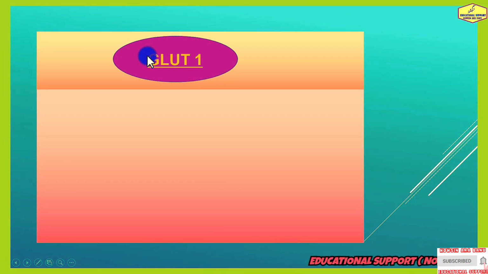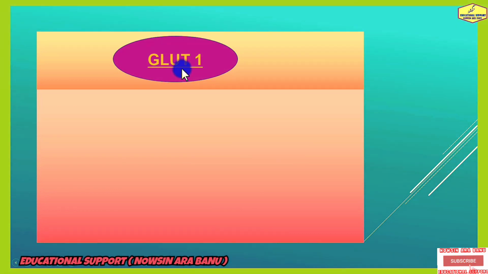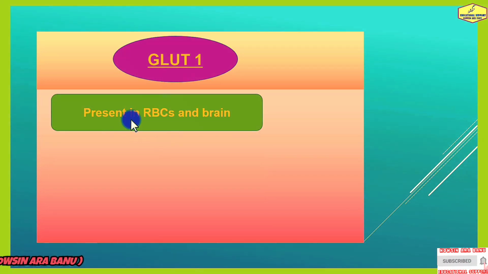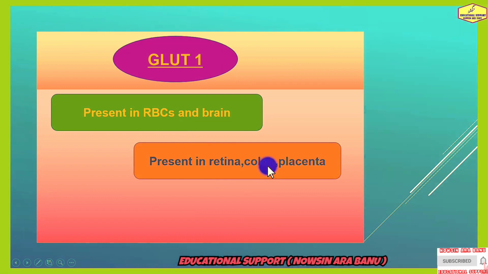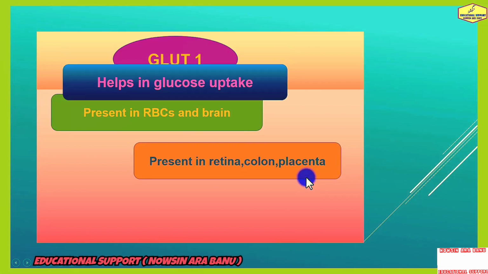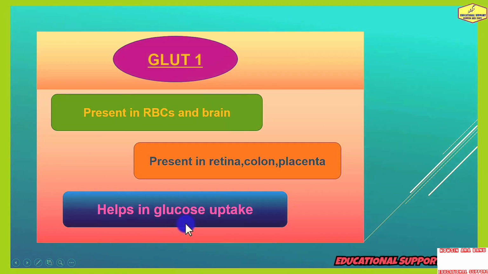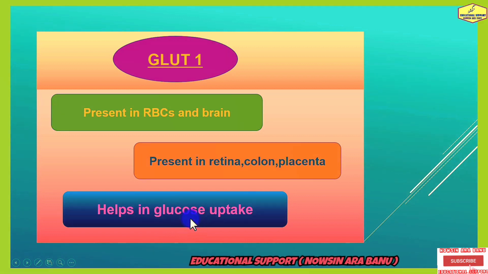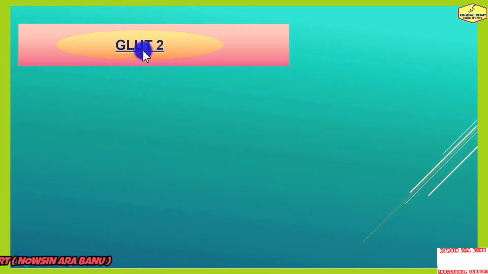Now, we are going to discuss GLUT1. It is present in RBCs and brain. It is also present in the retina, colon and placenta. It helps in glucose uptake in most of these tissues, which is independent of insulin. Next is GLUT2.